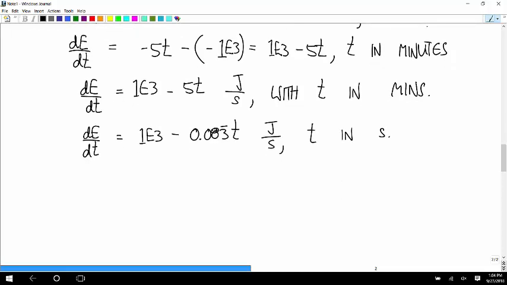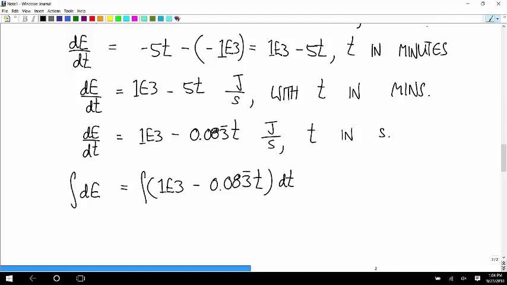And now we can just integrate this. If you use separation of variables, dE is equal to 1 times 10 to the third minus 0.083 repeating t dt. And you can integrate both sides. You can think of this as an integral from 0 to t.